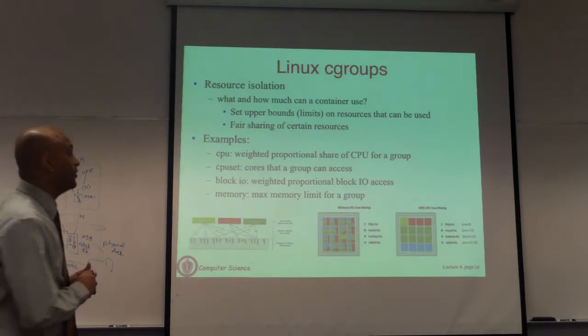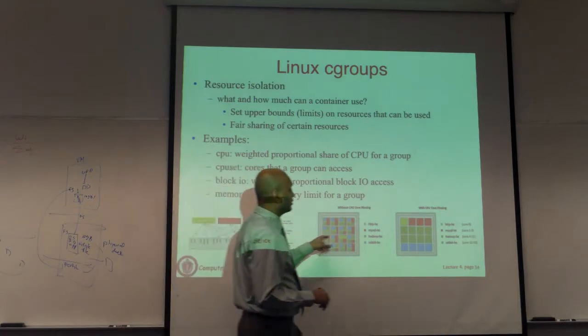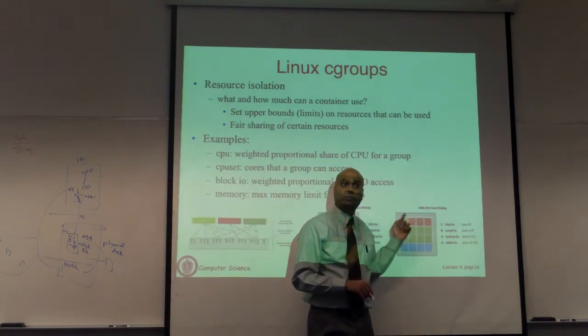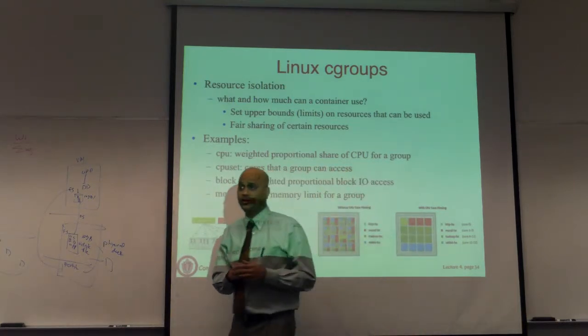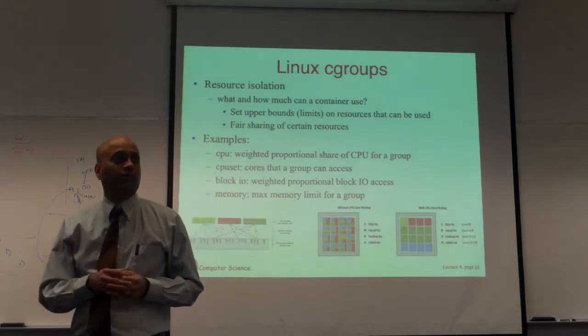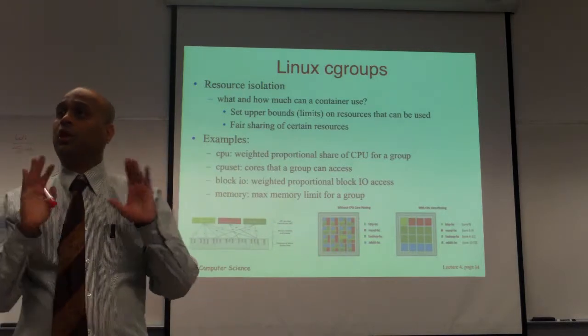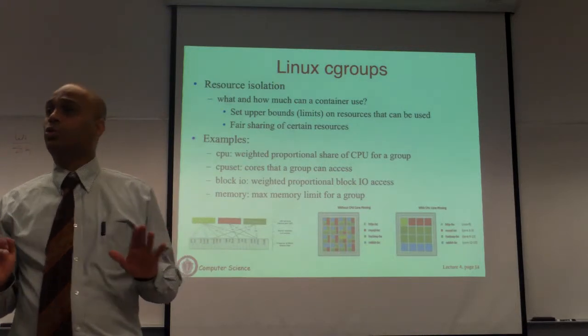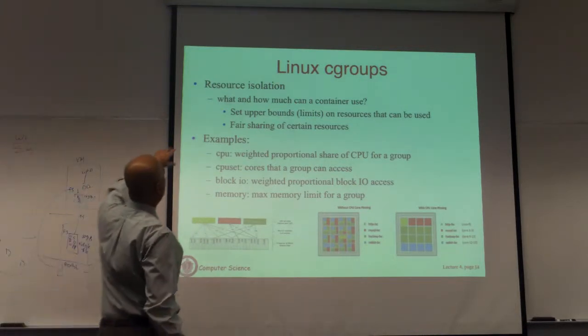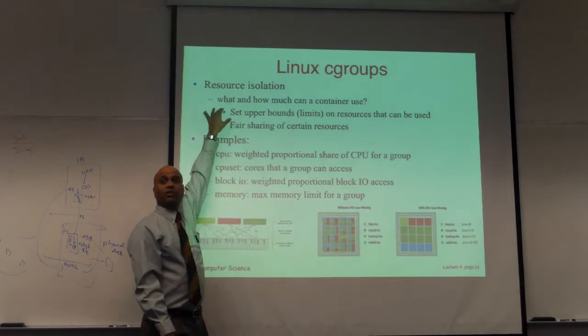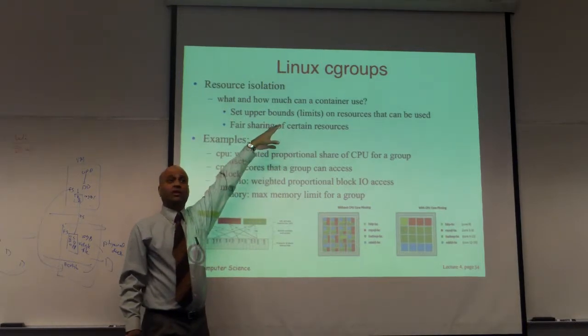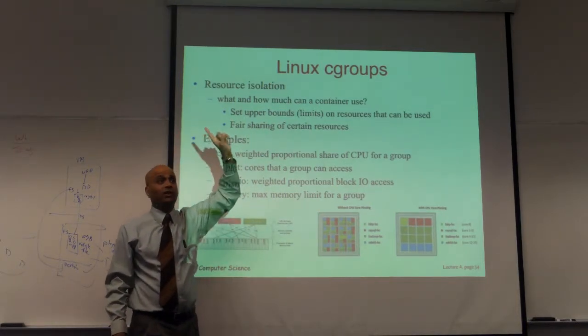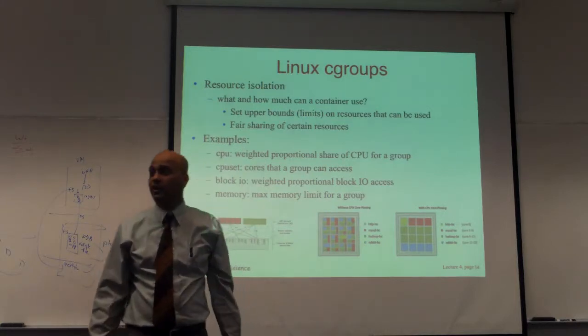This is one way by which you can isolate your cores across containers that you have in your system. So this is one OS level mechanism. This allows you to specify resource limits. So essentially, it's controlling what resources can be used and how much of those resources each container can use. The first technique that you need to implement containers.